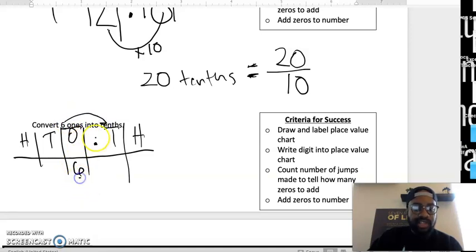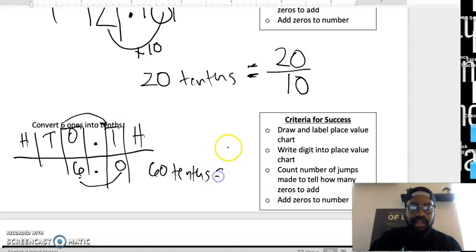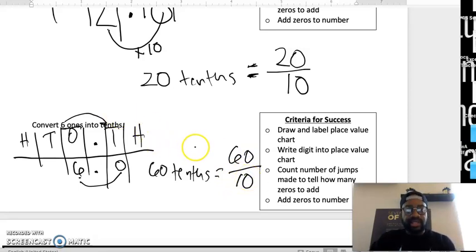Moving to the tenths place is one jump. So I made one jump, so that number is now 60 tenths. And how do I write that as a fraction? Well, there's 60 tenths, so there's 60 over 10 because this is the tenths place.